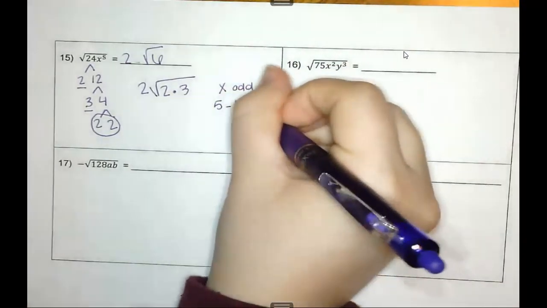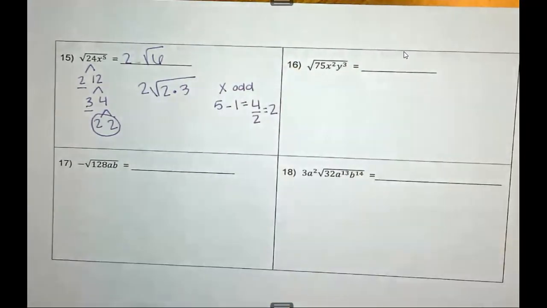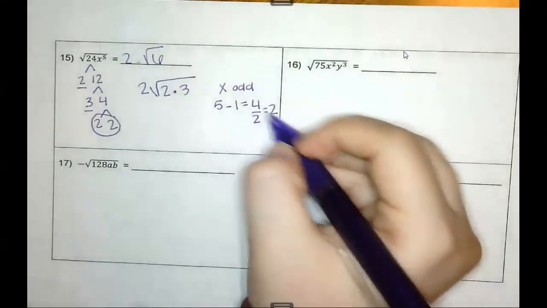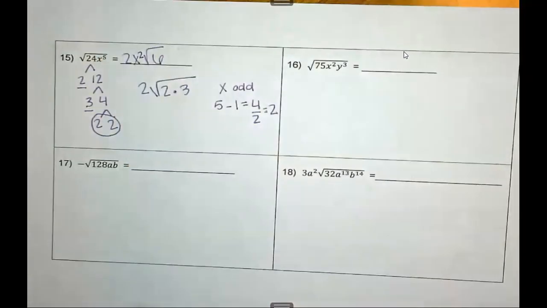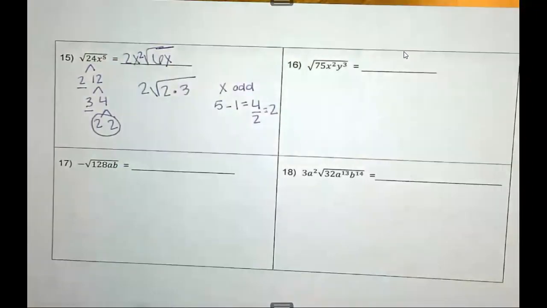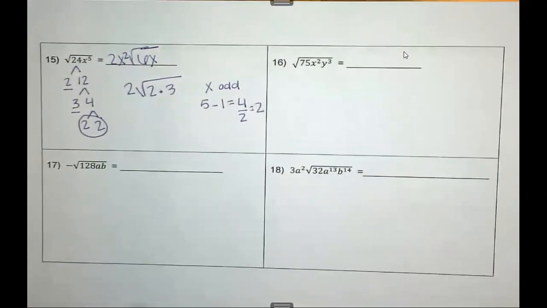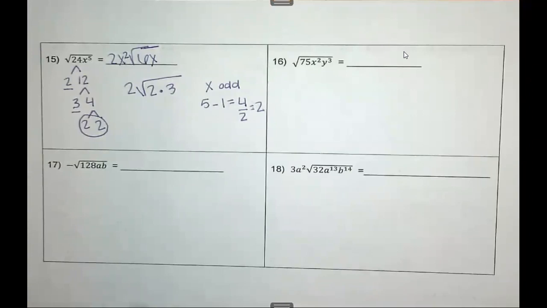And then we divide by 2. 4 divided by 2 would give us 2. So I'm going to have x squared that I can pull out, but because it was odd, we should also have an x left over underneath the square root. So here would be my final answer for number 15, 2x squared times the square root of 6x.